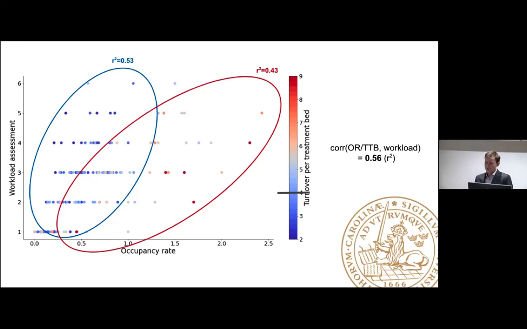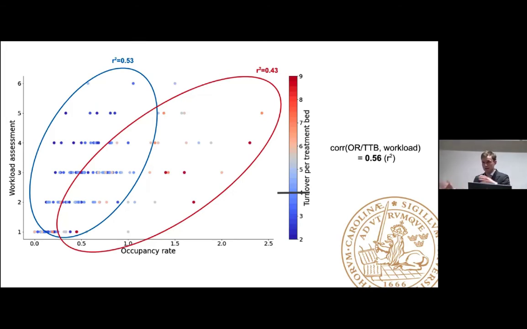And there are a number of other factors that may explain this difference. There might be that one ED has lower staff, and that's what's causing a higher workload or differences in workload assessments. So we tried to adjust for this. We adjusted for the number of staff, we adjusted for the type of ED.